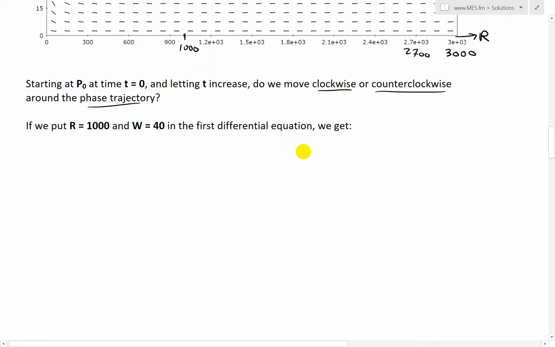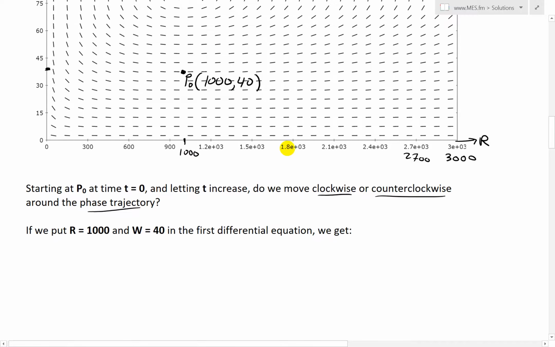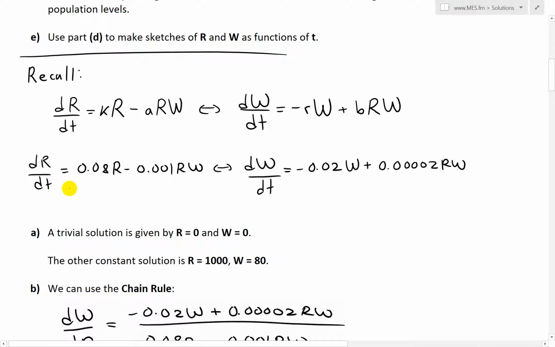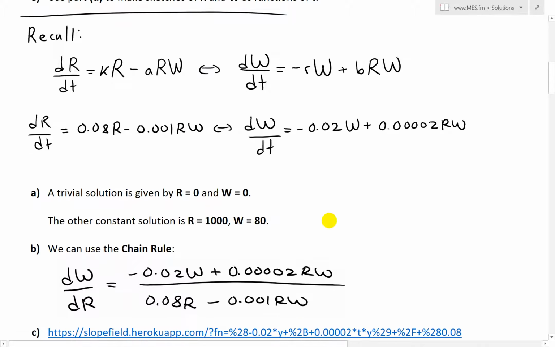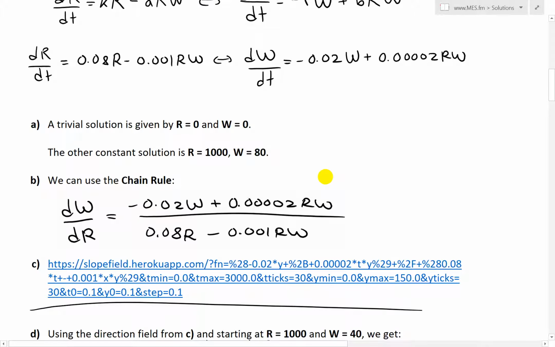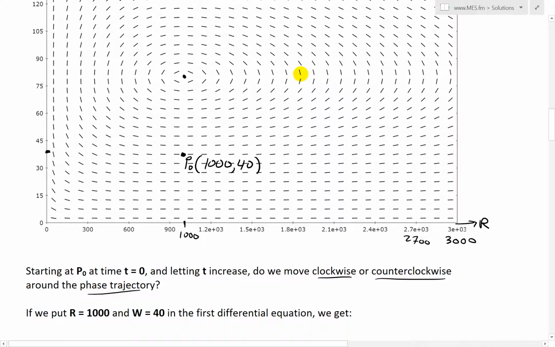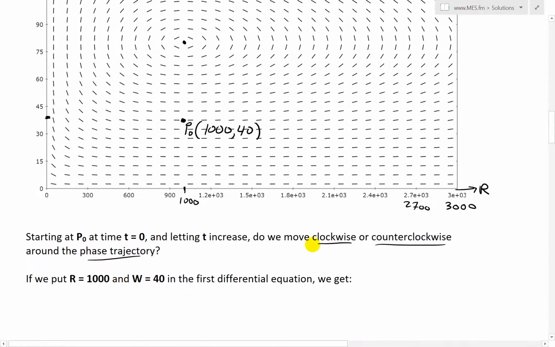We can find that out if we put R equals 1,000 and W equals 40 in the first differential equation, which is dR over dt equals 0.08R minus 0.001RW. We're doing this to see if the growth rate of the rabbits is increasing or decreasing. If it's growing, then the rabbits are going to go to the right side, or counterclockwise.